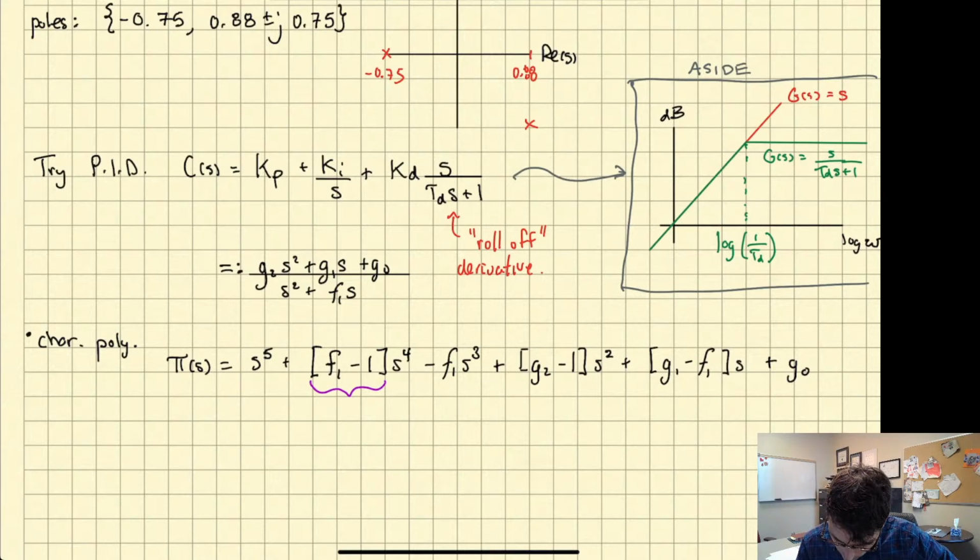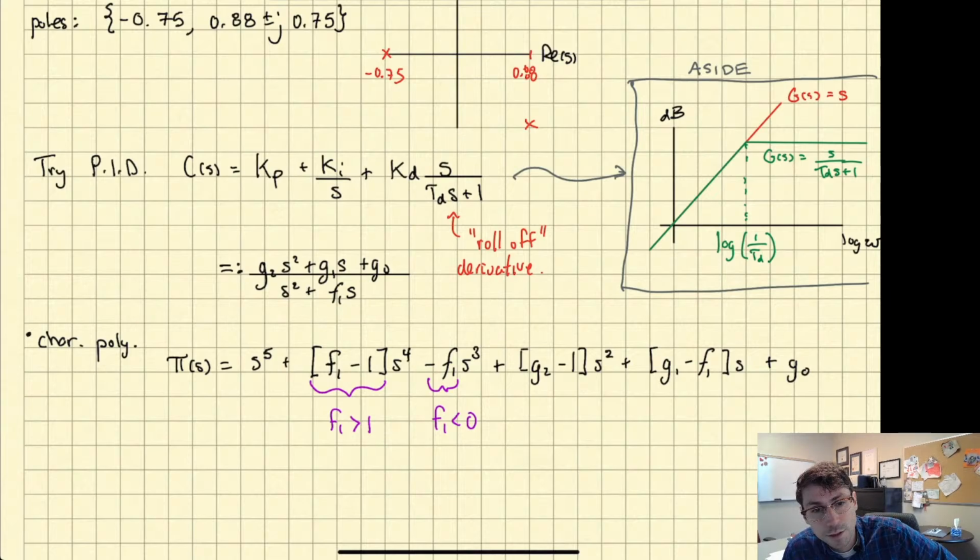So in this case, positive, so +1. So that means that this guy has to be positive. So we immediately get the constraint that f1 has to be greater than 1. That's at a bare minimum. It's not guaranteed that's going to stabilize the system, but at a bare minimum, we need f1 greater than 1. But over here, we get the constraint that f1 has to be less than 0.